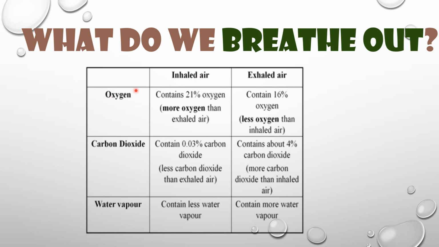Inhaled air contains 21% oxygen. So when you take in air, that air contains 21% oxygen, which is more oxygen than exhaled air. And exhaled air means the air you breathe out. It contains 16% oxygen. So 16% oxygen goes outside also.